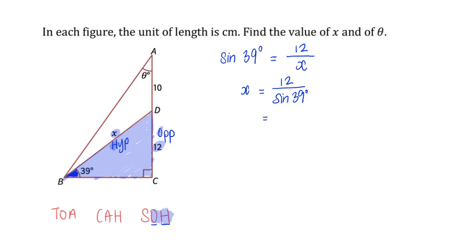This will give me a value of 19.06825 to 5 significant figures, followed by 19.1 to 3 significant figures. Because we are talking about a value, I did not put down any units in this case. Let's turn our attention to the angle theta.